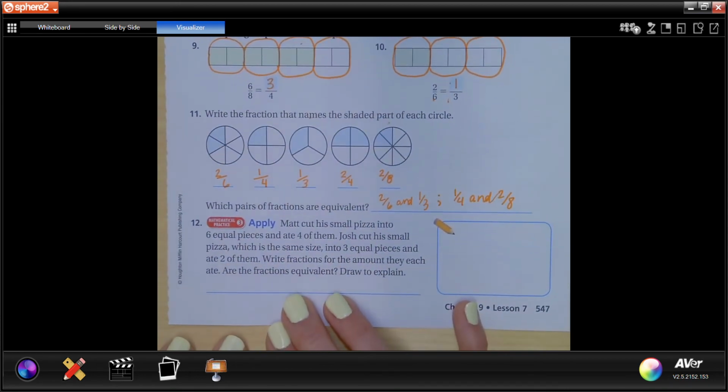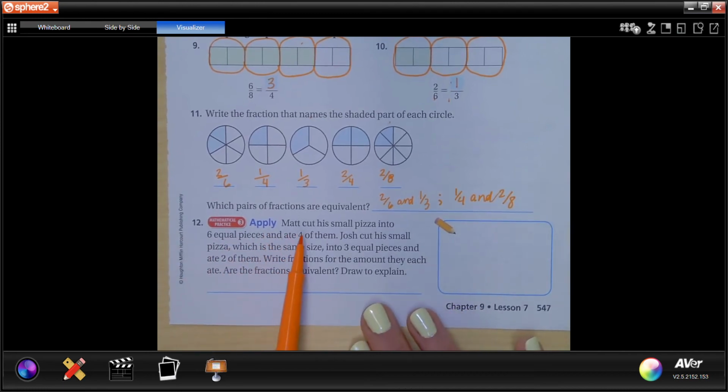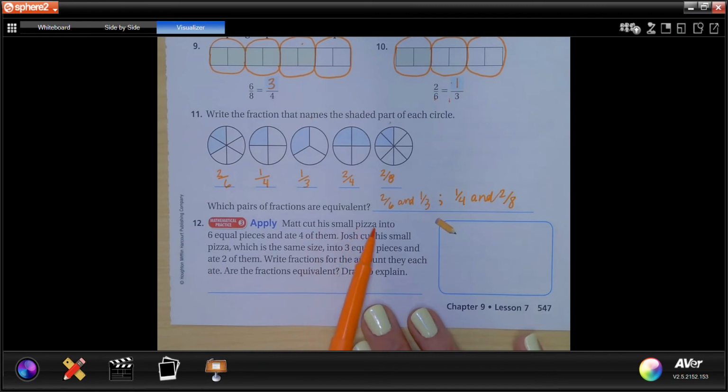All right. Number 12, mathematical practice. Apply. Matt cut his small pizza into 6 equal pieces and ate 4 of them. Josh cut his small pizza, which is the same size, so they're equivalent, into 3 equal pieces and ate 2 of them.